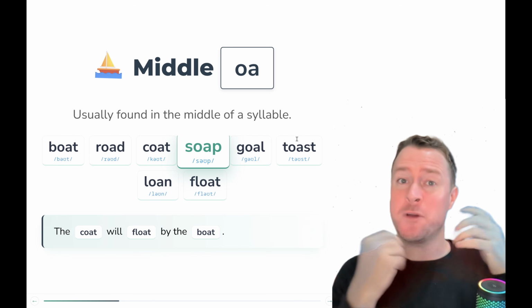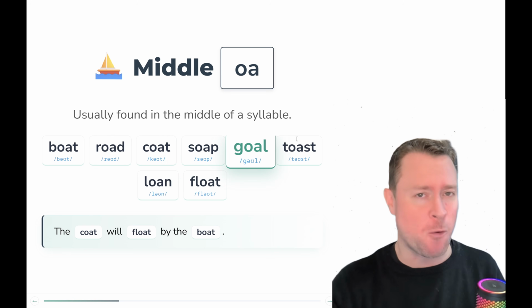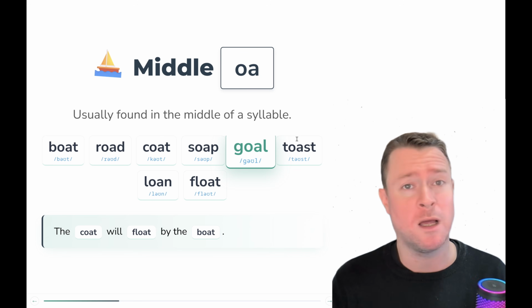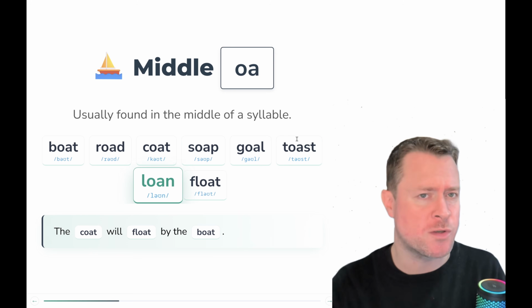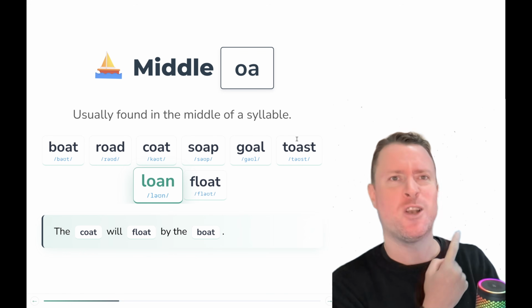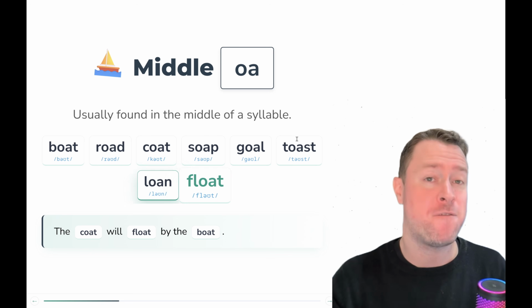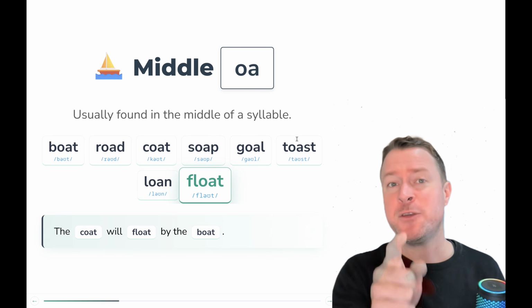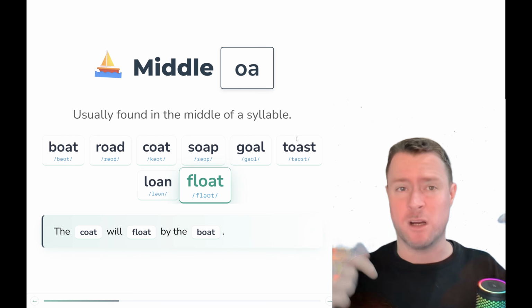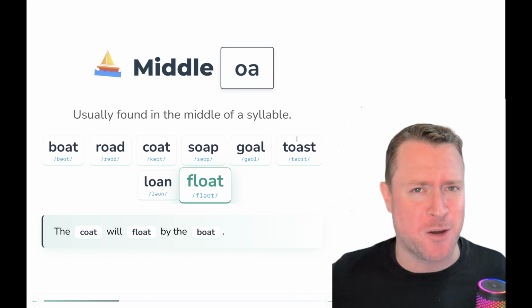Wash your hands with some soap. Or even goal. Or toast. Or loan, get a loan from the bank. Float, to float, okay? If you can think of any more OA words, see how many you can write in the comments below.